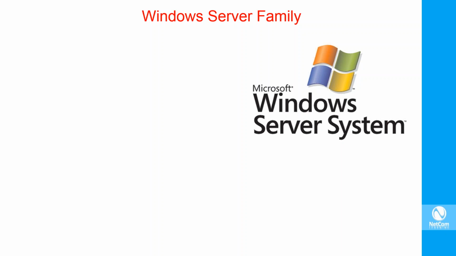Along with that, Microsoft has been enhancing their products for the server line, even in the same family. For example, Microsoft will release a Release 2 of the Windows Server, and I'm going to give an example. Windows Server 2012 was released.